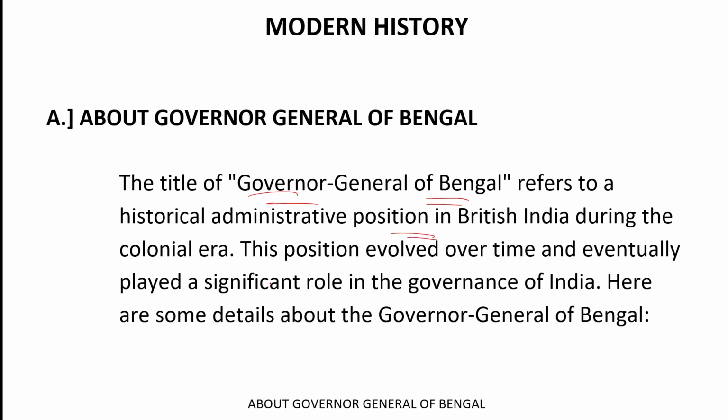It was an administrative position established by the British government. But how? How did they occupy the area? How did they implement their policies through the so-called Governor Generals of Bengal and India as well?